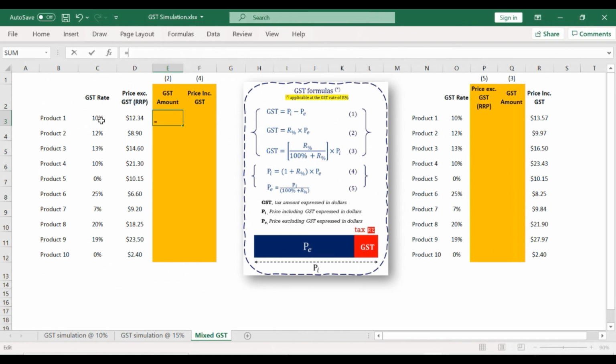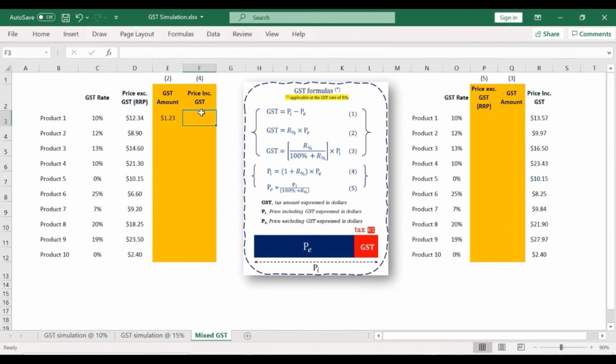We will not type the actual number 10%, but we simply type the location where the 10% is, which in this case is C3. So C3, and then times D3, and now we have $1.23. So we have $1.23 being charged for a product bought for a recommended retail price of $12.35.